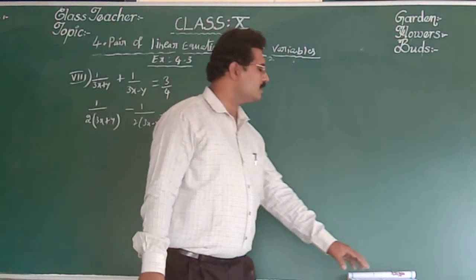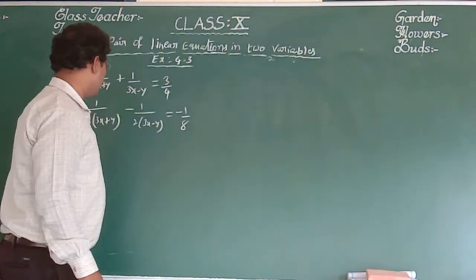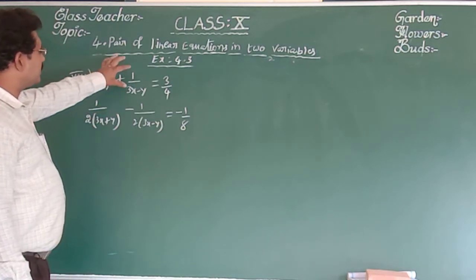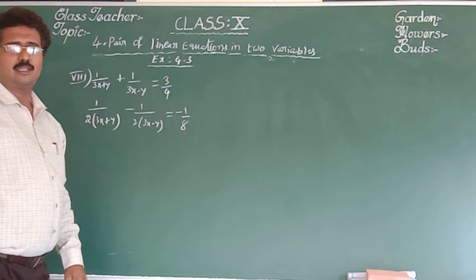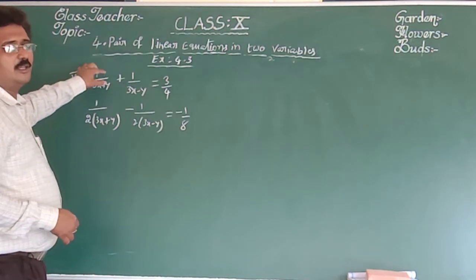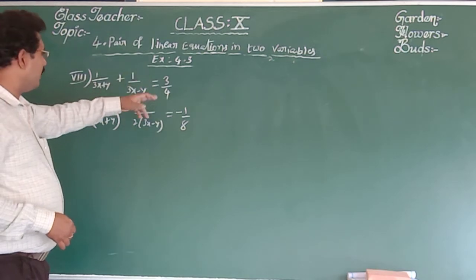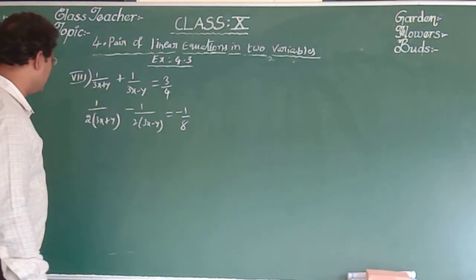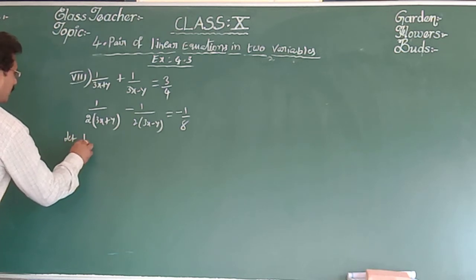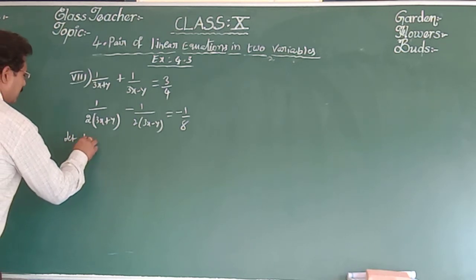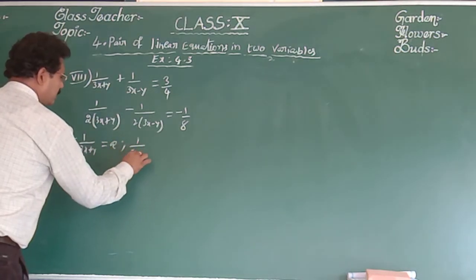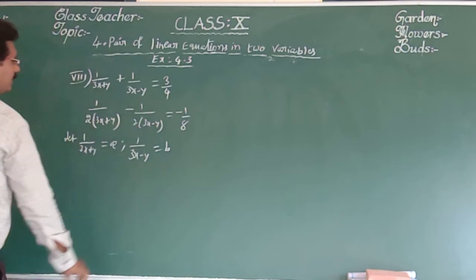Okay children, this is the problem. Just to see how to do the problem. Here, we have 1 by 3x plus y and 1 by 3x minus y. So in this problem, let 1 by 3x plus y be equal to a, and 1 by 3x minus y be equal to b.